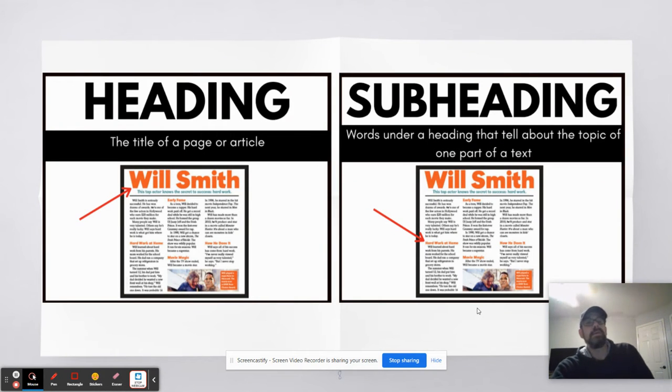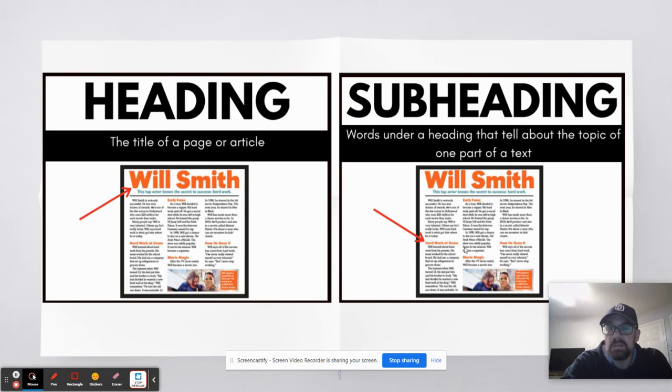So, example here, this is a heading. This entire piece is about the actor Will Smith, right? And then the subheadings are these: work from home, hard work at home, early fame, movie magic, how he does it.